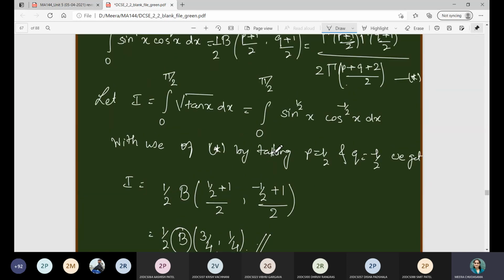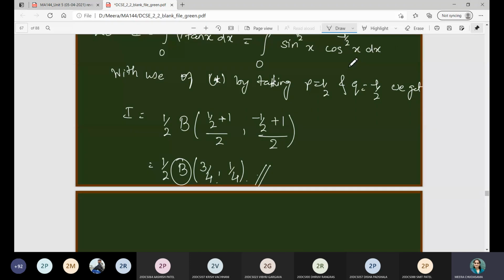We are not going to convert it in terms of the gamma function because gamma function values are actually derived from the software, and for multiples of 1 by 2 you know the values of the gamma function. So if they are in the form of 1 by 2, then we will convert the beta function in terms of gamma function. Otherwise we will keep the beta function as it is if they are not multiples of 1 by 2, right?